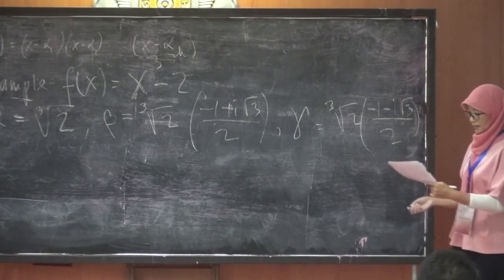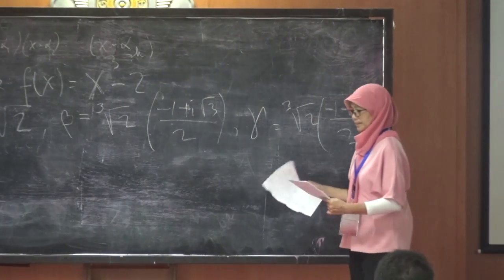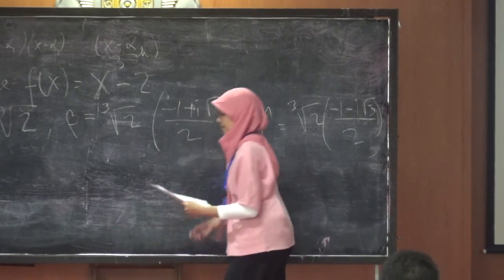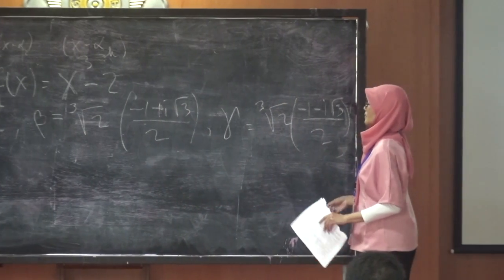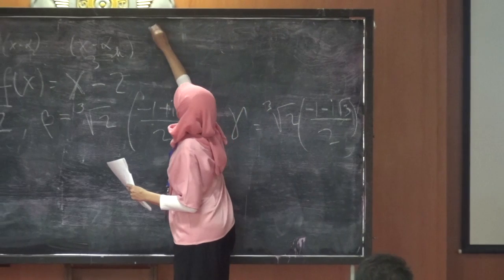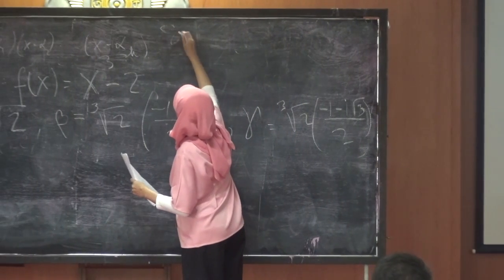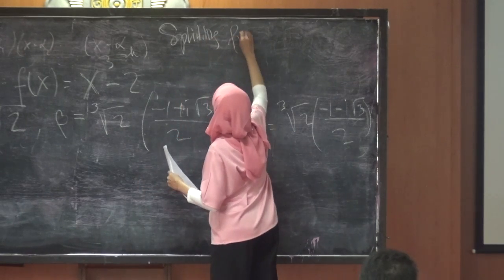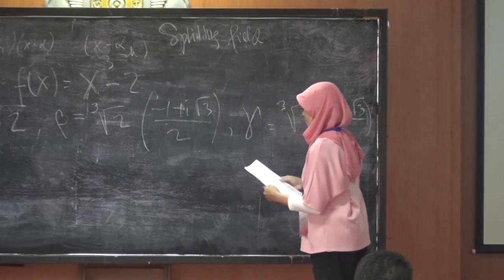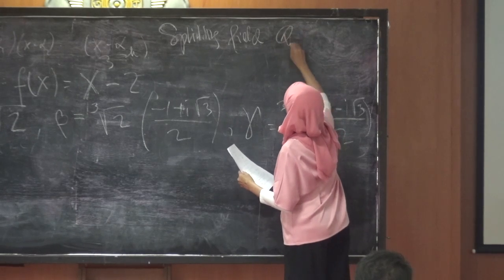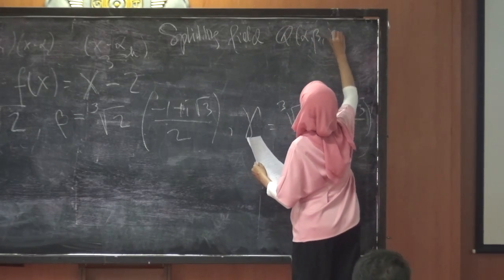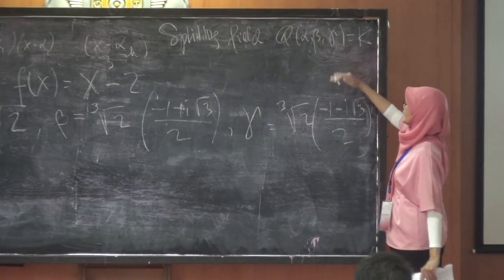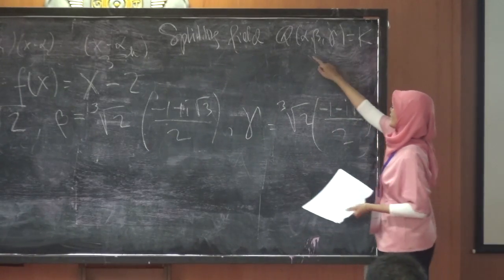Yeah, there are 3 roots. So consider the splitting field. We call it K, for example. To make it simple, we call the splitting field K, generated by alpha, beta, and gamma.